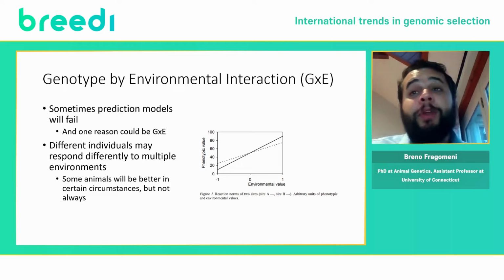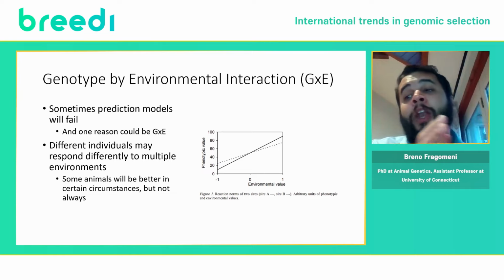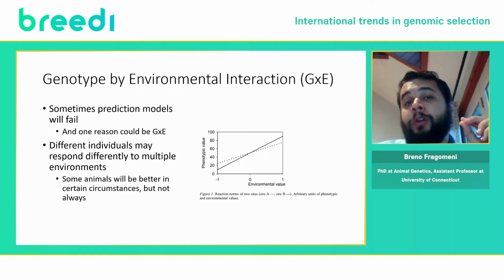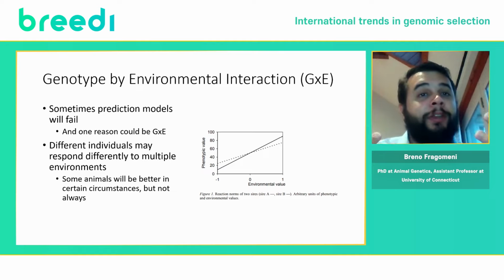Some animals are going to be very good in a very specific scenario and not so good in other specific scenarios. That can be a season. It can be animals that do better in the summer, animals that do better in the winter. They're not necessarily the same.